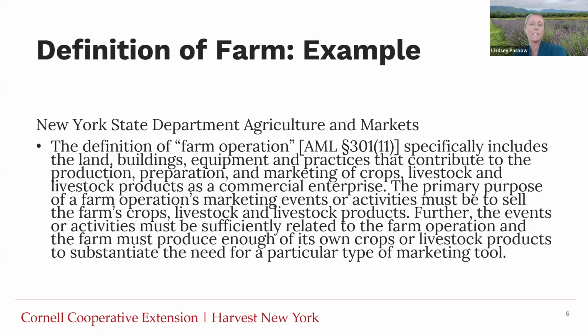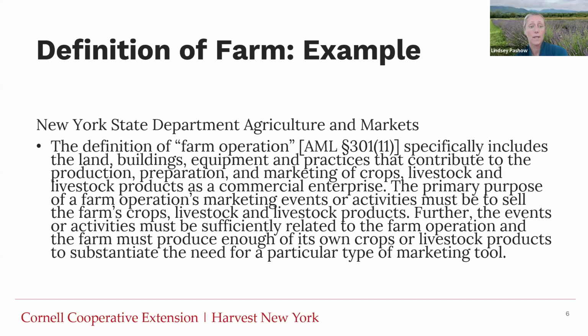So when we look at a definition of a farm, this is going to depend on where you're located and in what state. The New York State Department of Agriculture and Markets definition of a farm specifically includes the land, buildings, equipment, and practices that contribute to the production, preparation, and marketing of crops, livestock, and livestock products as a commercial enterprise.